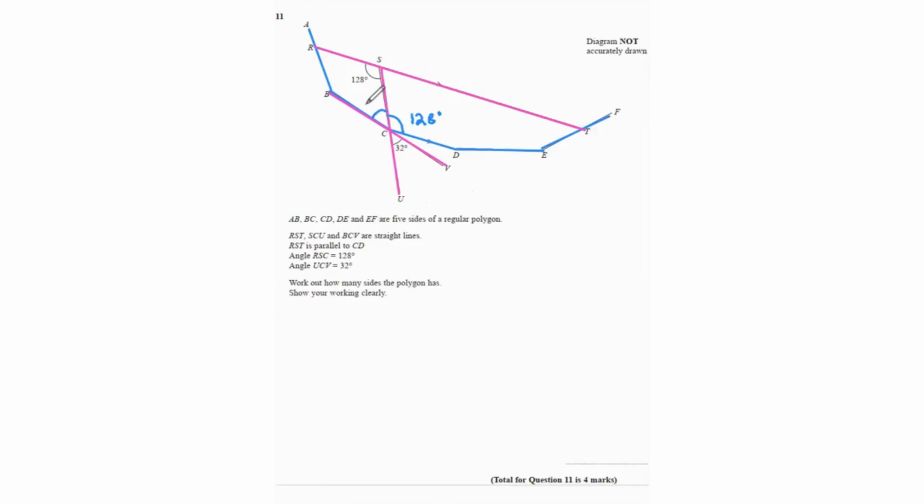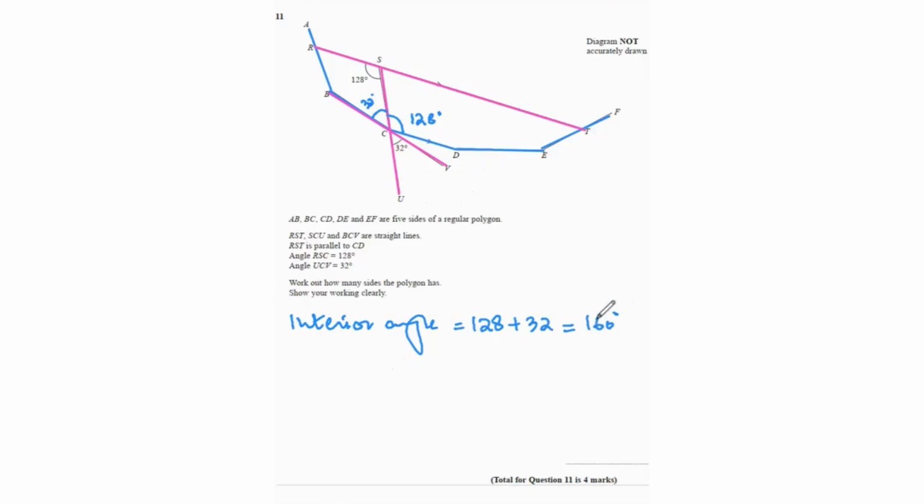And this one will be 32 because angle BCS is vertically opposite to UCV. So that means the interior angle for this polygon is going to be the sum of 128 and 32, which is equal to 160 degrees.